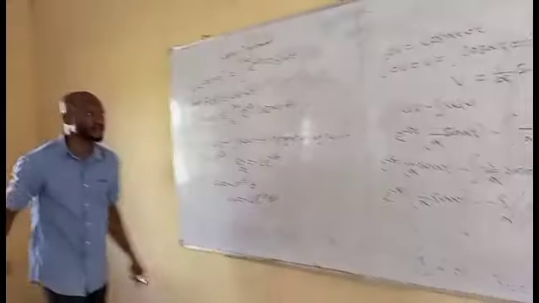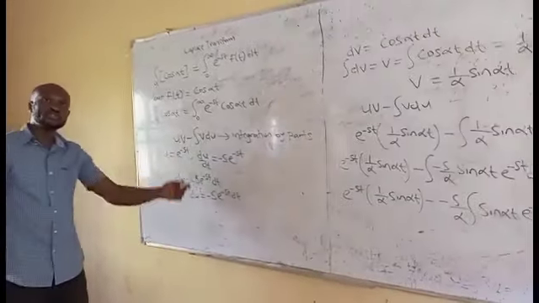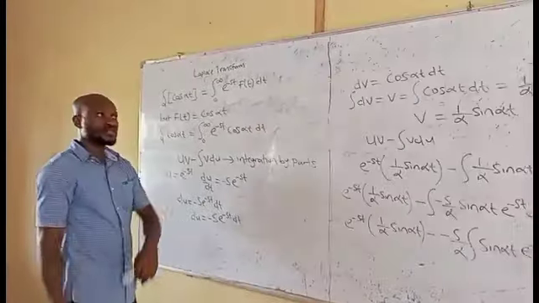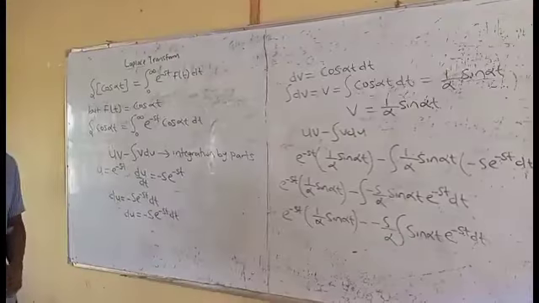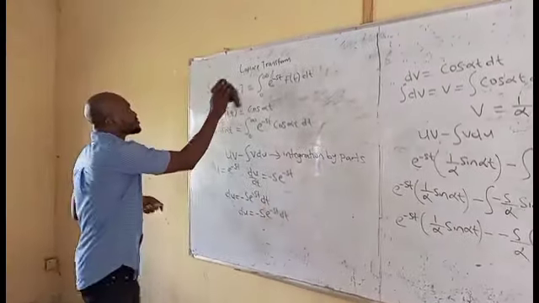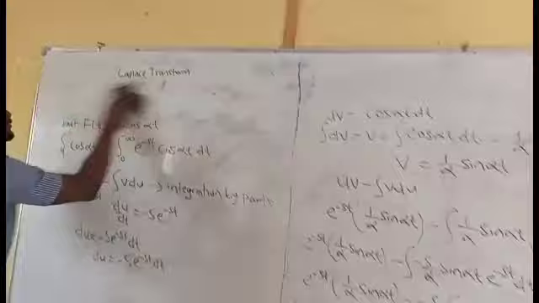So this automatically will change to plus. Are we there? Once we do that, we will now include our limit. Where is our limit? Our limit starts from 0 to what? Infinity.